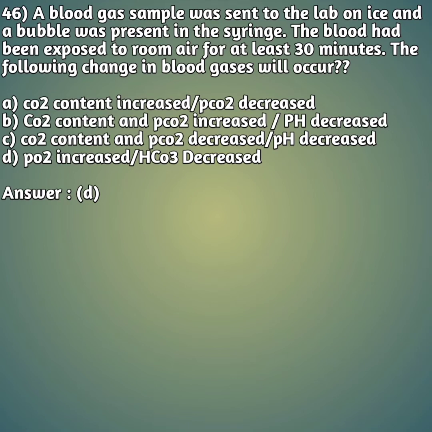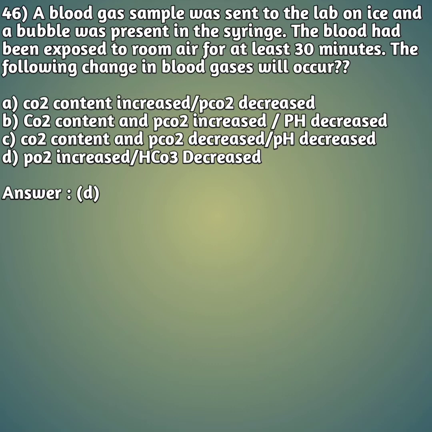Option C, CO2 content and PCO2 decrease or pH decrease. Option D, PO2 increased or HCO3 decrease. So here they are asking that a blood sample was sent to a lab on ice and a bubble was present in the syringe and the blood has been exposed to the air for 30 minutes. So what are the following changes in the blood gases that will occur? So here the right option is PO2 will increase and HCO3 will decrease.